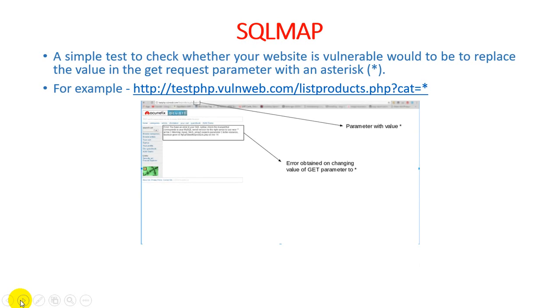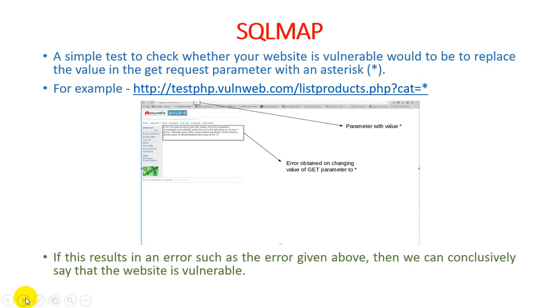But when we put an asterisk mark as a parameter value, if you find some error obtained on changing the value of the GET parameter to a star, if you see those kind of error messages on your screen whenever you put an asterisk mark, then we can conclusively say that the website is vulnerable.